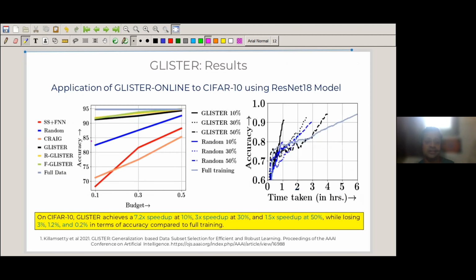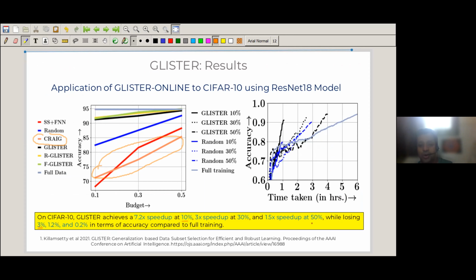Let's look at the results. So I'm going to compare against what was presented earlier in the form of Craig. Here's Craig. And we saw that Craig gave you 2x to 3x speed up. But Glister can give you 7.2x speed up if you just go for 10%. With a 10% data set, you find some 3% drop in accuracy, which is fine.